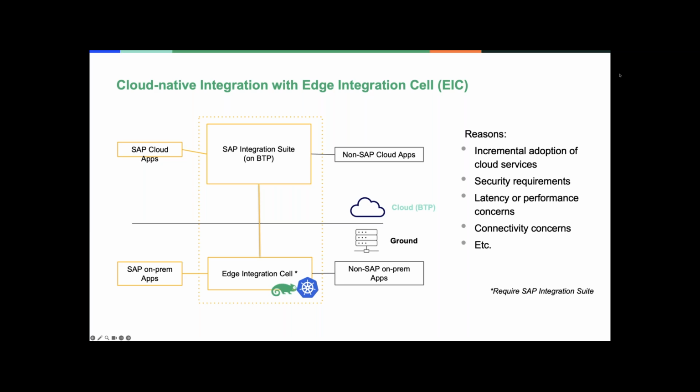How do you combine that on-premise restricted data together with data in the cloud? That's really the whole purpose of Edge Integration Cell. It allows you to manage and test APIs, run integration scenarios, and in general, work with combined cloud and on-premise data within your private landscape.